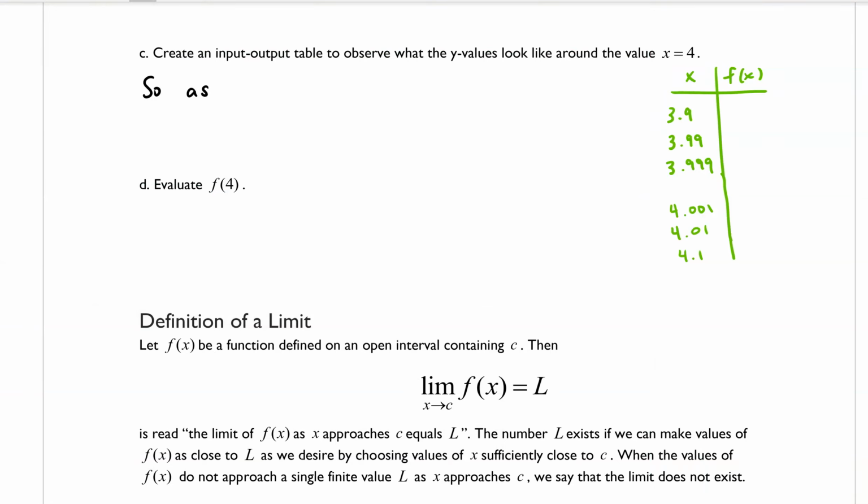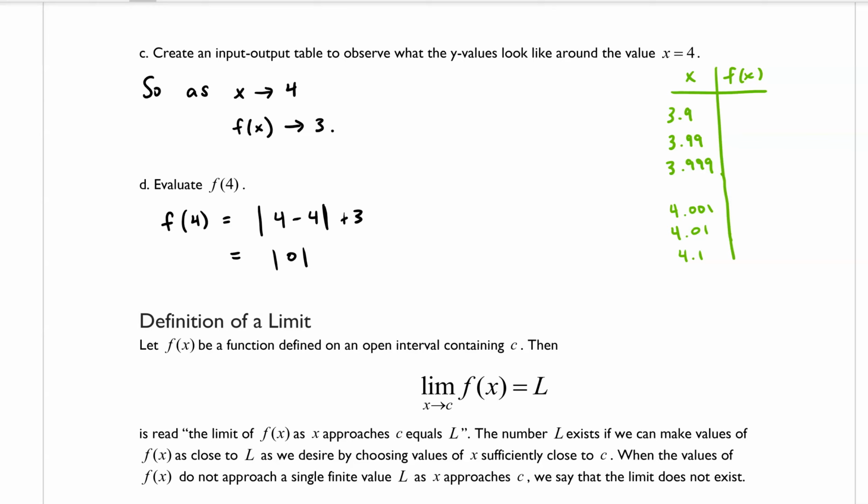So as x approaches 4, f of x approaches 3. Now, let's evaluate f of 4 and see what we get as our output. So f of 4 is going to be 4 minus 4, and then the absolute value of that, plus 3.